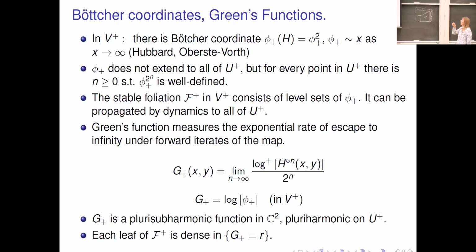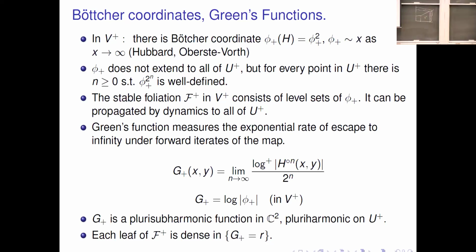We can now ask the question: is phi plus defined everywhere? In this case, the answer is always no. You can take the foliation and propagate it by dynamics, so you get a foliation everywhere, but phi plus itself is not defined everywhere. You can define powers of phi plus. It's always the case that it doesn't extend to all of U plus.